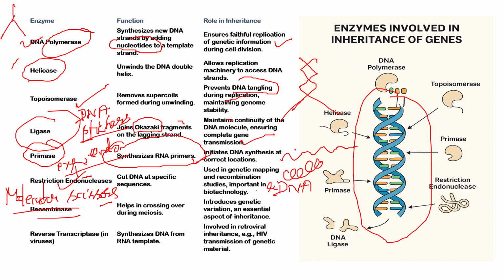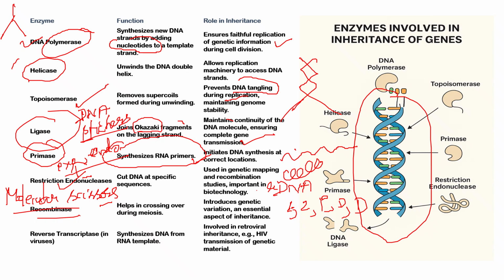Then recombinase. Recombinase helps in crossing over. During meiosis 1, you have studied the different stages: prophase 1, metaphase 1, anaphase 1, telophase 1. In prophase 1, we have studied leptotene, zygotene, pachytene, diplotene, diakinesis.